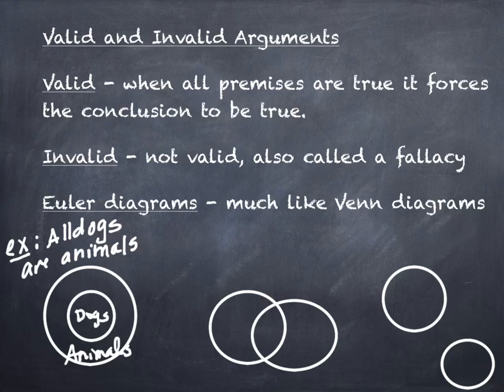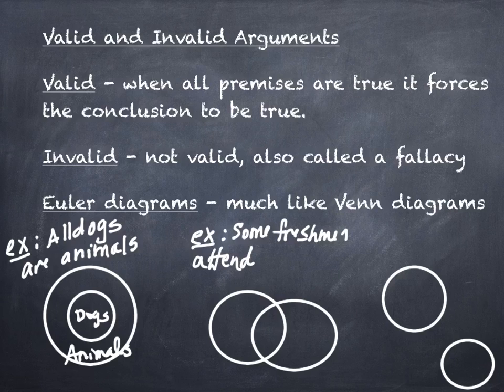A second option is where they overlap, but they're not completely one inside of the other. So let's do an example that relates to you guys a bit. So some freshmen attend, I think this will work, OBU.